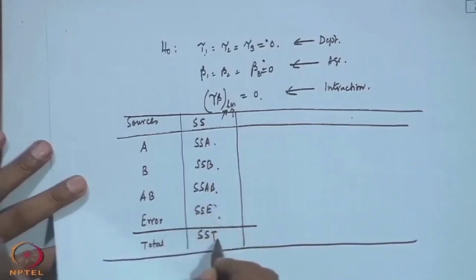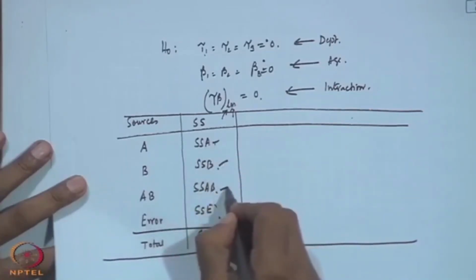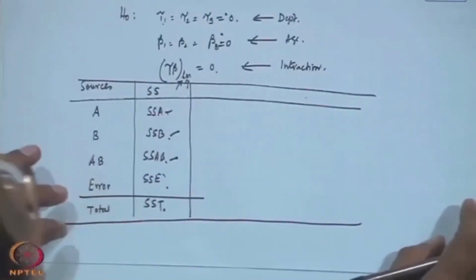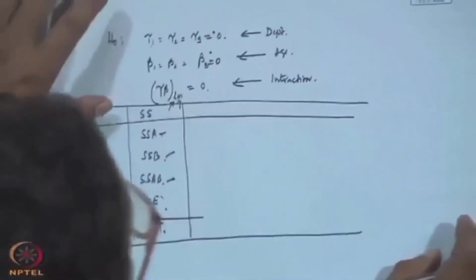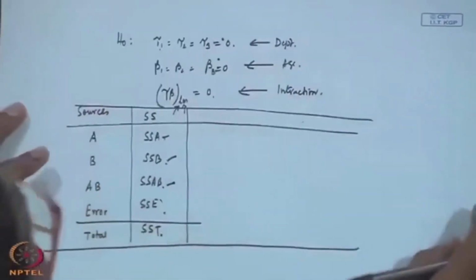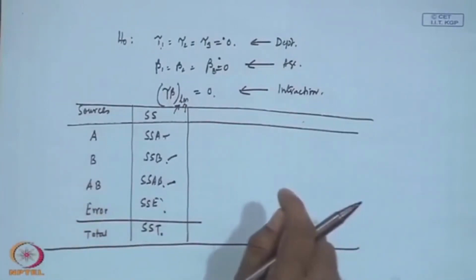So SSE will be SST minus this, minus this, minus this. This is the calculation part, the decomposition of the total sum of squares into individual sums of squares.